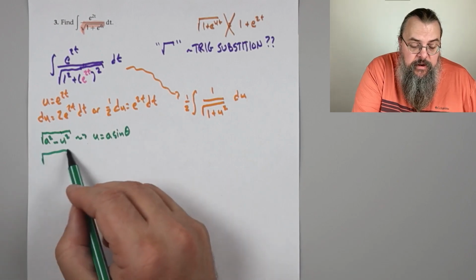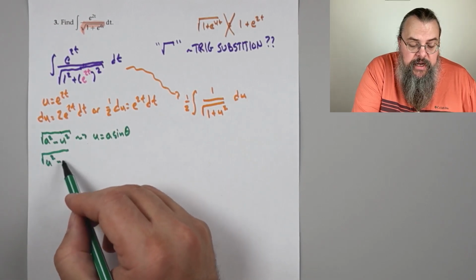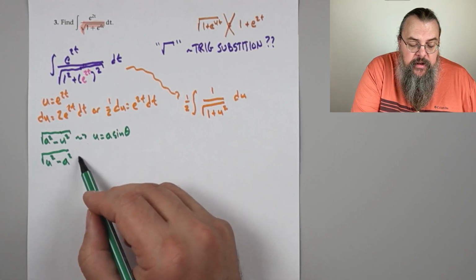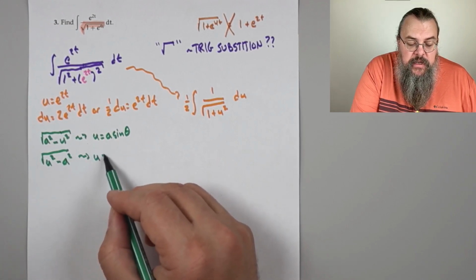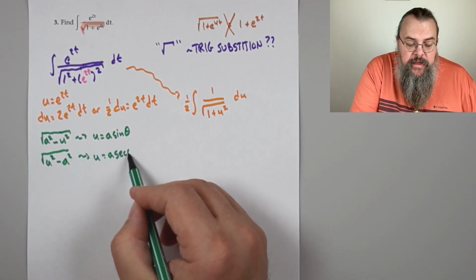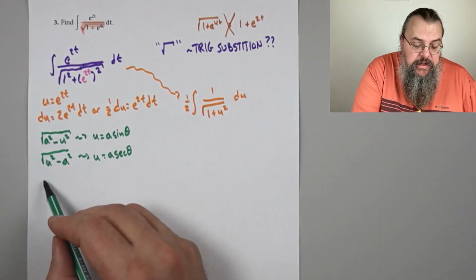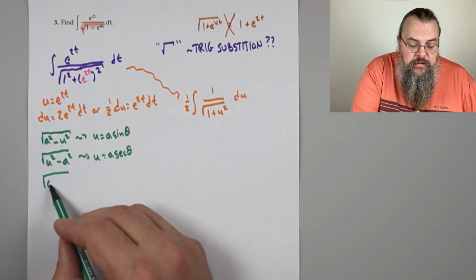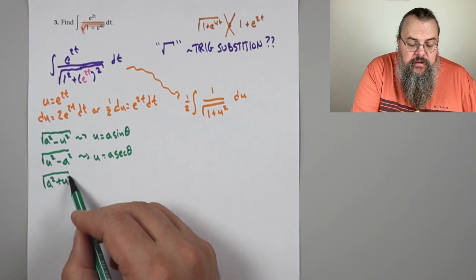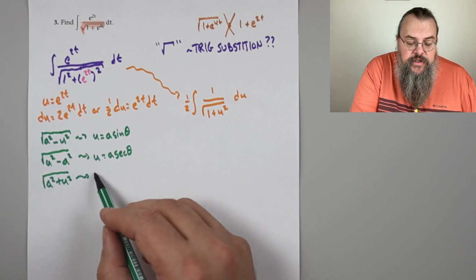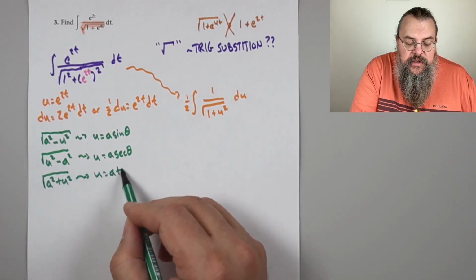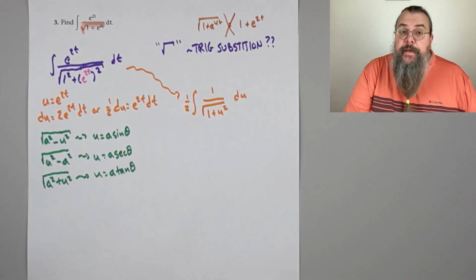If we see the square root of u squared minus a squared, then that should be a secant theta. And if we see the square root of a squared plus u squared, then that should be a tangent theta.